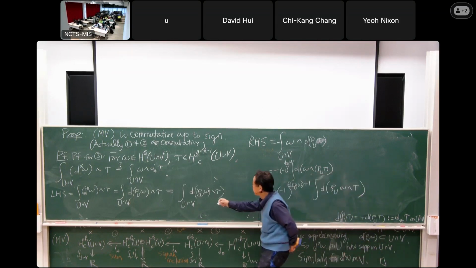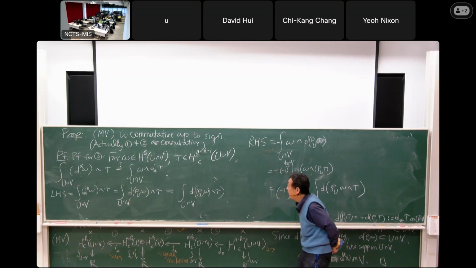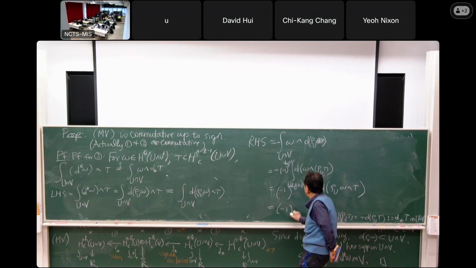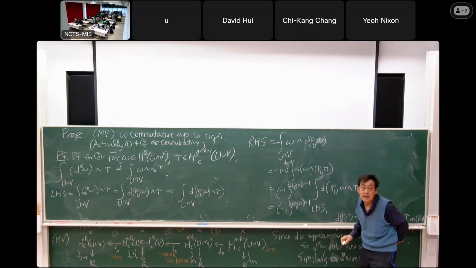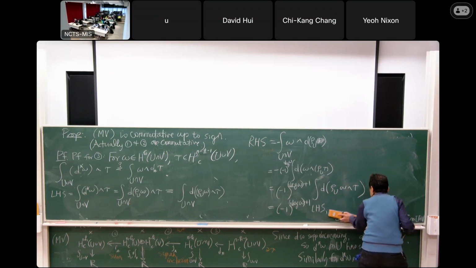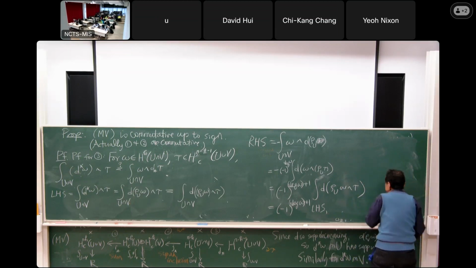Okay. So that's the same as this, up to this sign. And that proves that the third square is commutative up to sign.